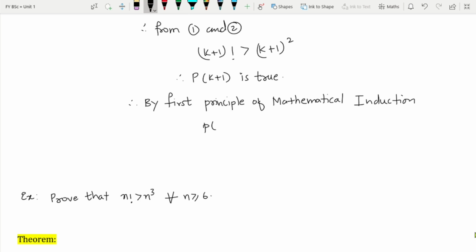Not for all natural numbers n, but for all natural numbers greater or equal to 4. That is what we wanted to prove.